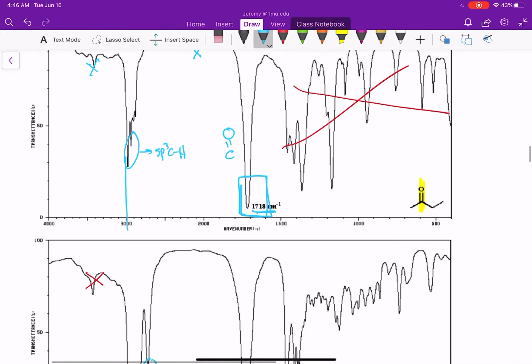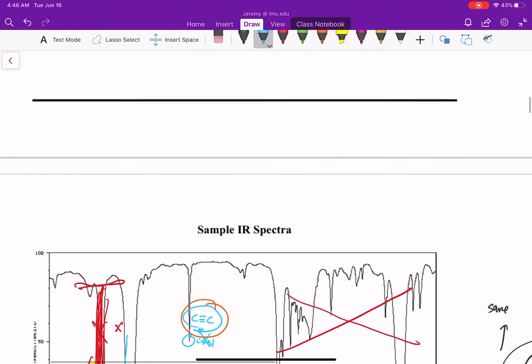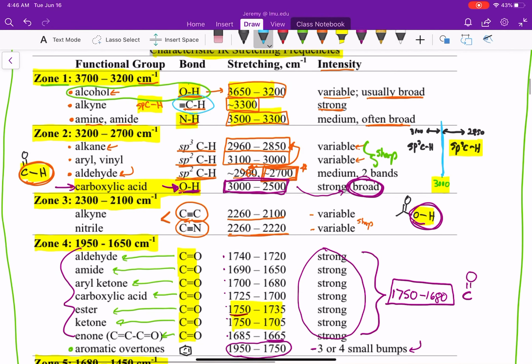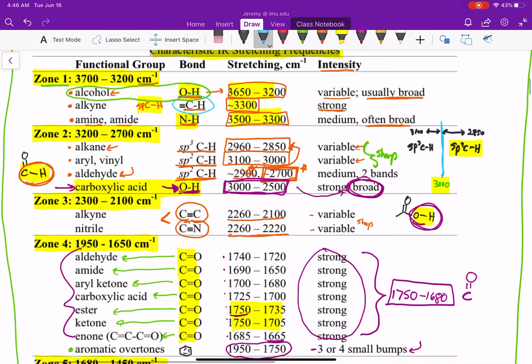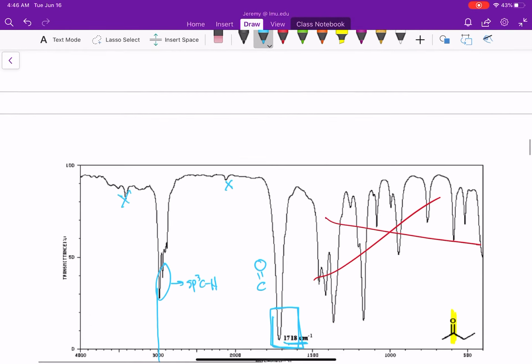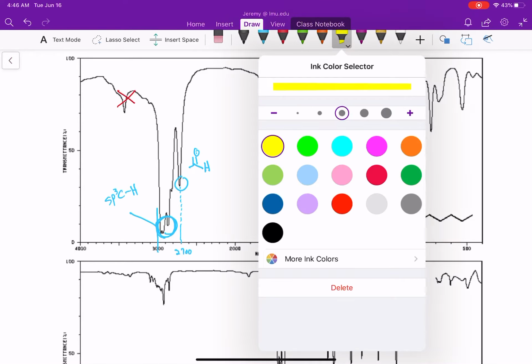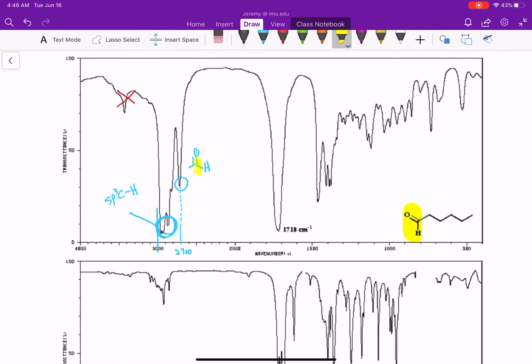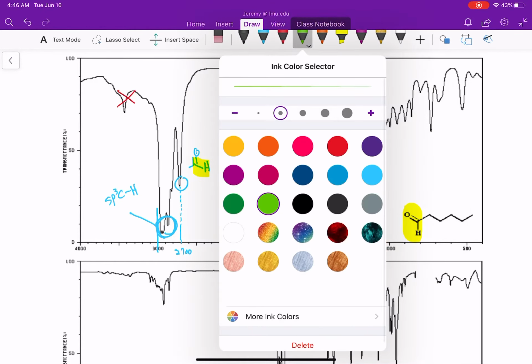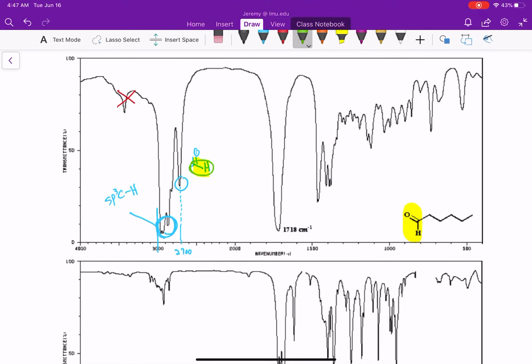What is that? There is only one peak that absorbs at 2700. And what is it? 2700 is my aldehyde, okay? So this peak here at 2700 is our aldehyde, but specifically it is this bond here. It's the C to H bond, all right?